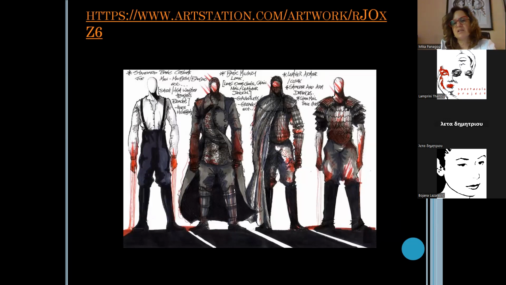Sometimes they change, sometimes they add on, sometimes they take off. Sometimes it's practical, unfortunately. It's not always National Theatre. We would like to think about National Theatre, but it's not always. It could be a smaller production. So here are different designs, different variations for one character.